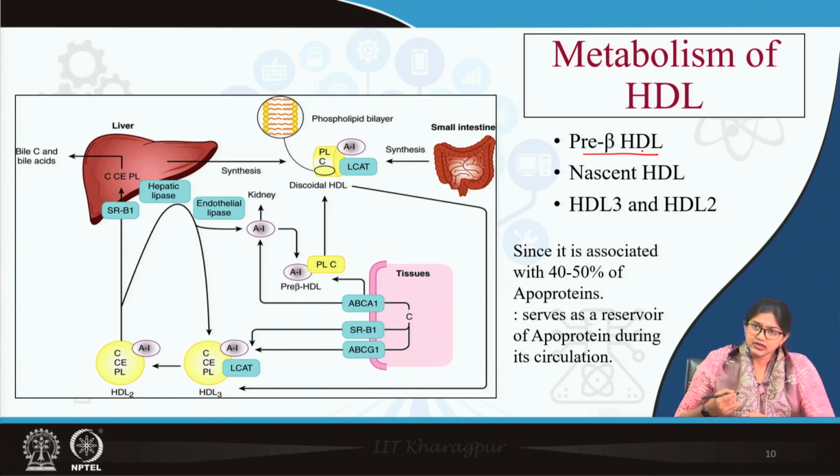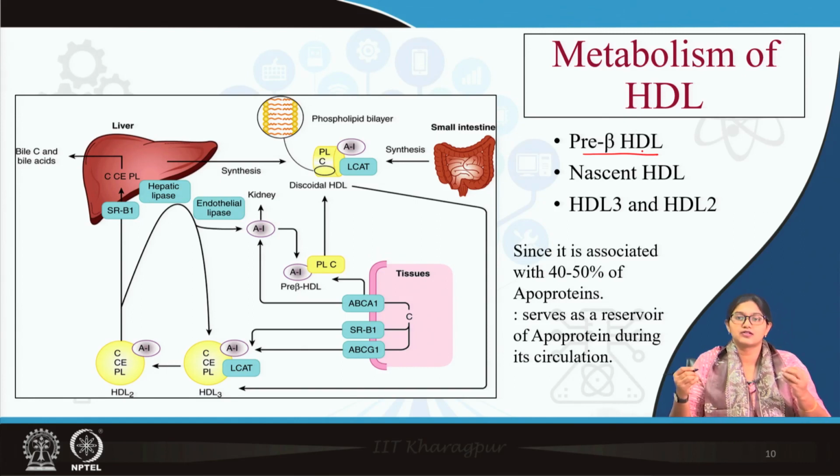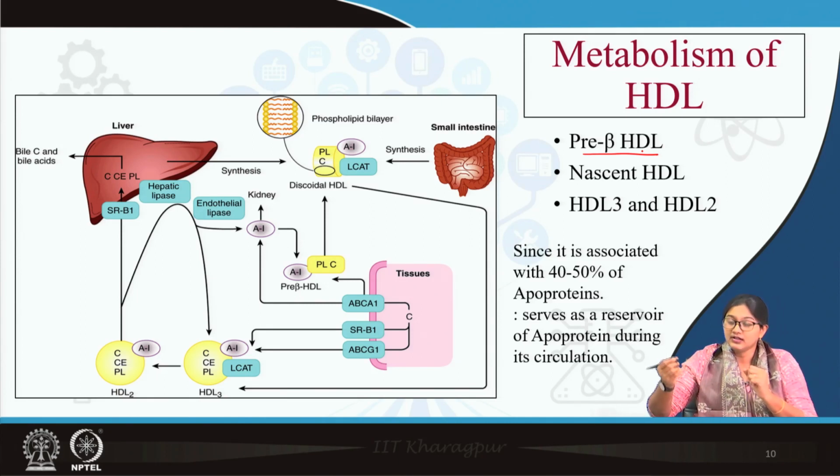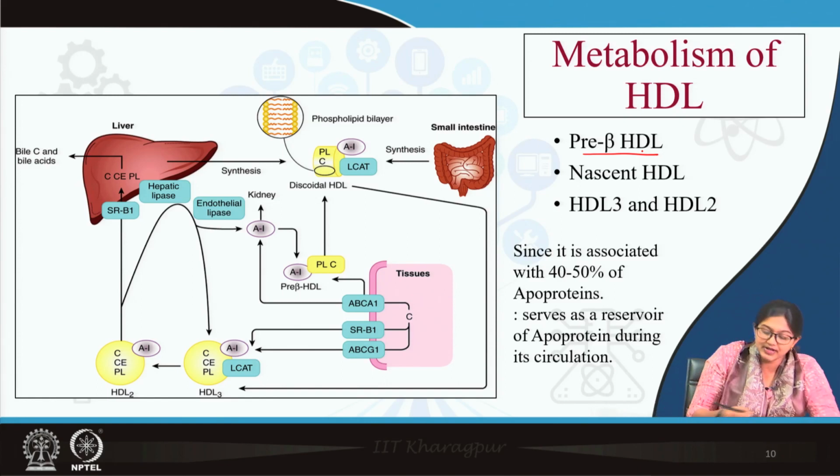Now, this pre-beta HDL, when it comes to circulation, is such a small particle that it circulates through the capillary and comes in contact with the extrahepatic tissues. From the extrahepatic tissues, there is transfer of phospholipid and cholesterol, mostly cholesterol, to this pre-beta HDL.